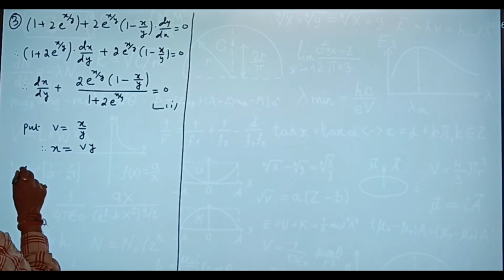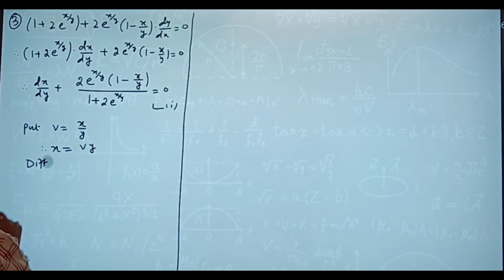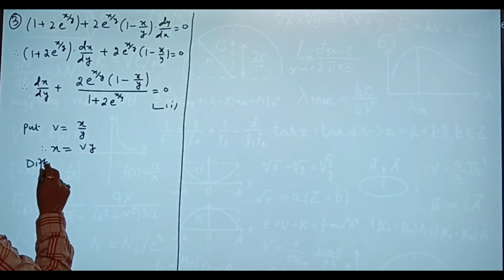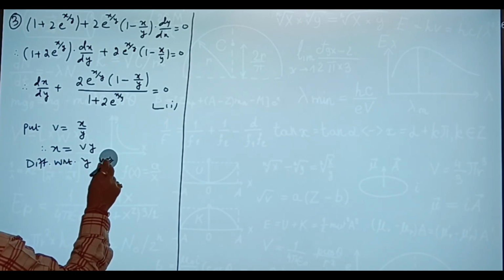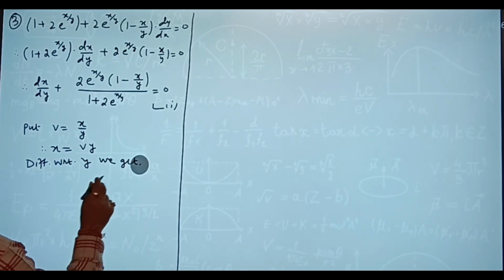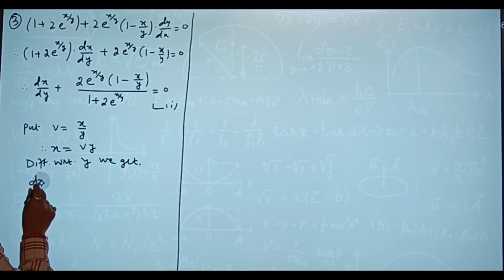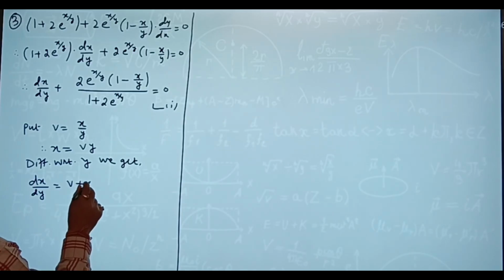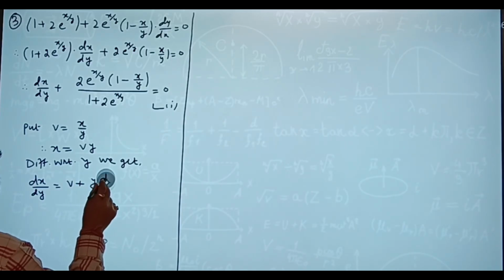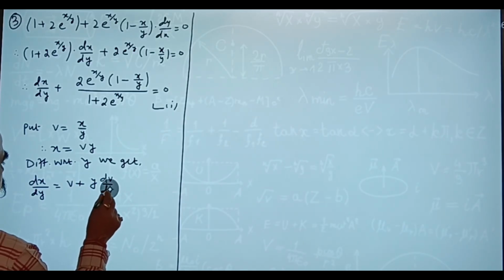Vy. Differentiating with respect to y, we get dx by dy is equal to v plus y into dv by dy.